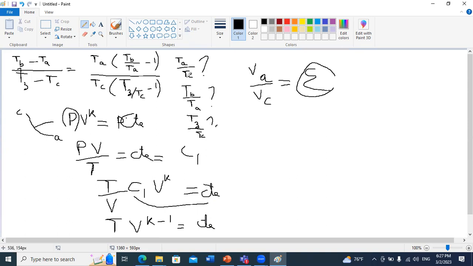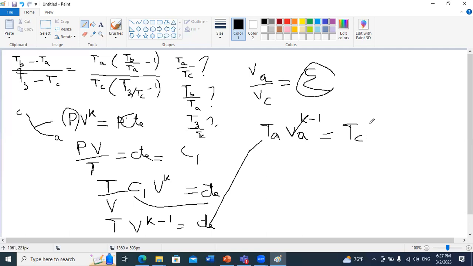So now I can get the ratio that is missing, TA over TC. I will apply this relation between points A and C. So TA times VA to the power K minus 1 is equal to TC times VC to the power K minus 1.